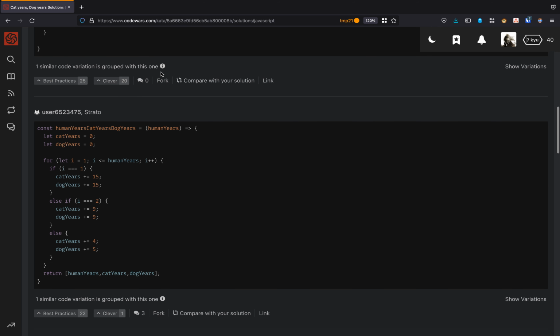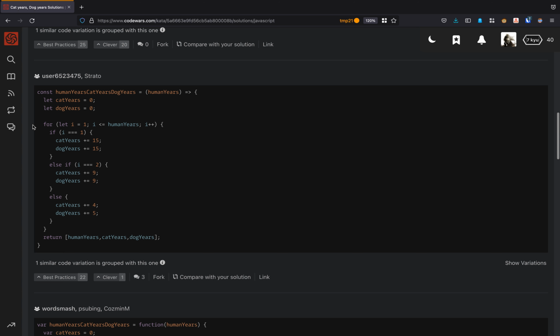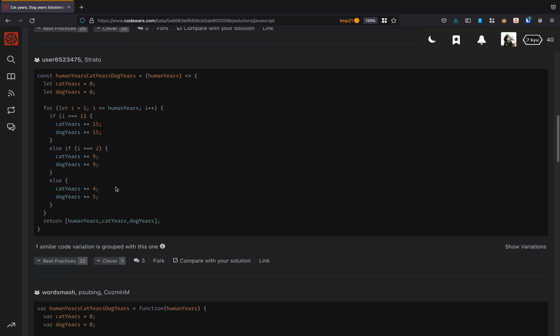Okay, this was the same as the first one, and then we have this I was looking for. So basically a really procedural way of thinking about this. We just go through the loop in times, or human years times, and then add up to the kind of accumulator cat years and dog years, and then come up with an answer.